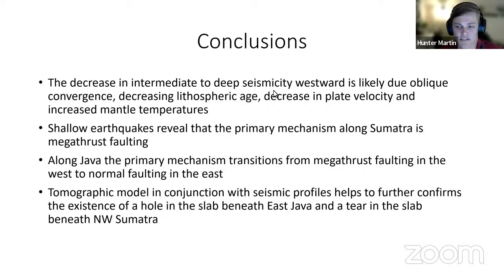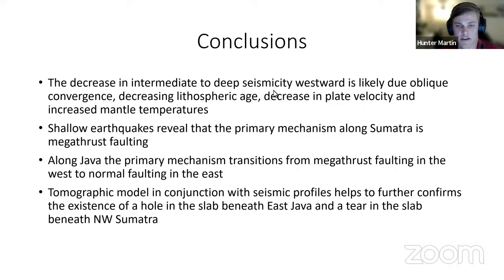Along Java, we see a transition from megathrust-related activity in the west, where it begins to decrease eastward, facilitating normal faulting, and eventually becoming the dominant mechanism. For intermediate to deep events, we see that the frequency of events is high across Java.